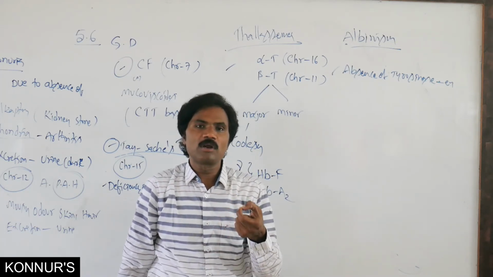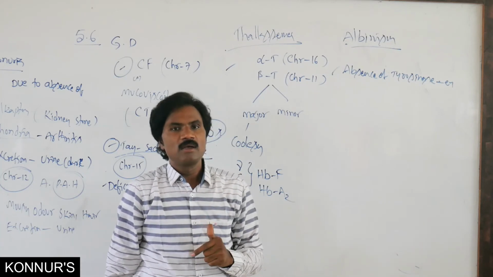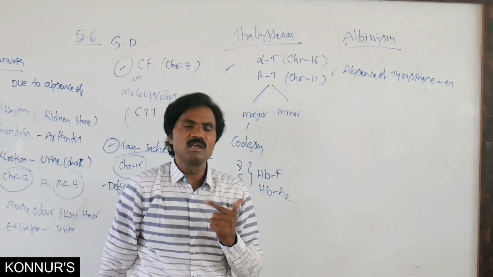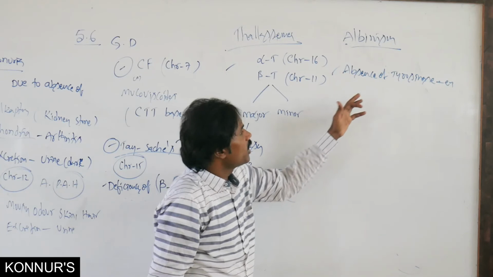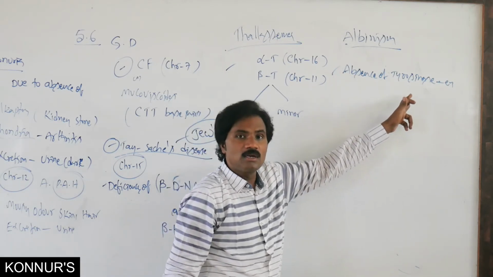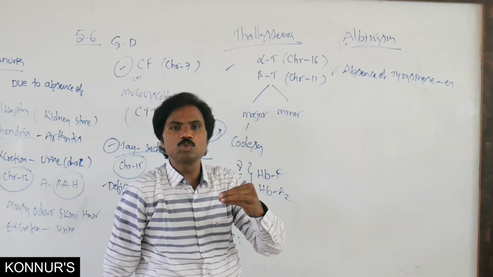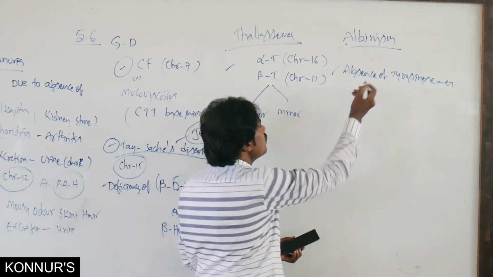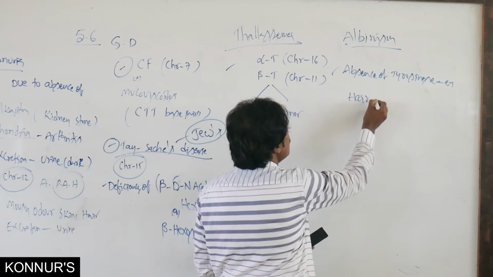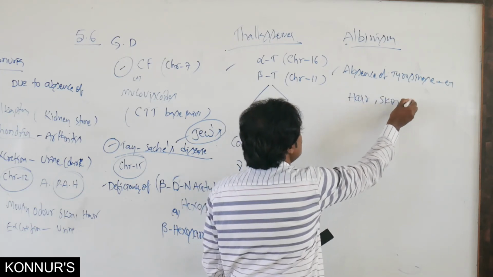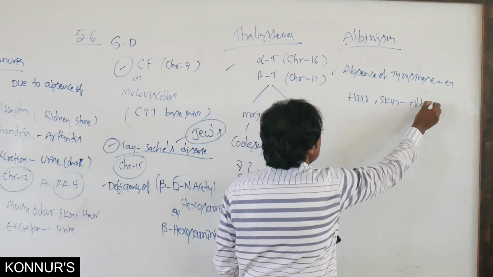Indirectly it helps in production of melanin pigment in the hair as well as skin. Whenever this enzyme is absent, the hair and skin become too dull; the hair as well as skin become albinistic.